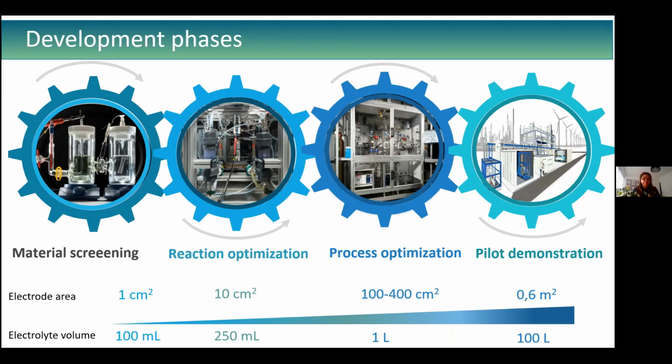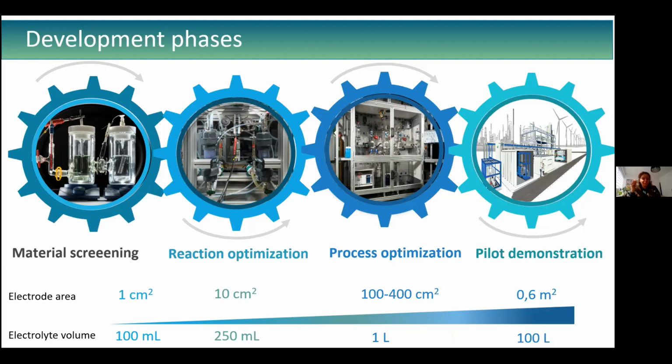In this first phase of material screening and reaction optimization, the studies are performed within areas between 1 and 10 square centimeters. Now in this second phase of the project, we are scaling up in 2 stages. First from 10 square centimeters to 200 or 400 square centimeters, and we made use of 2 bench scale skids that were developed and constructed within this project. Then the second stage of this scale-up process is from 100 to 400 square centimeters up to a half square meter electrolyzer.